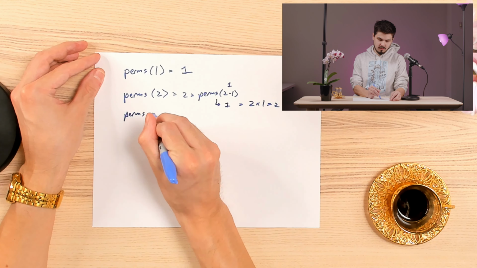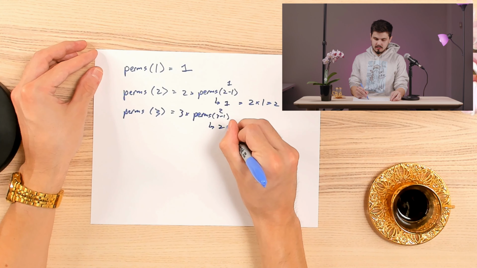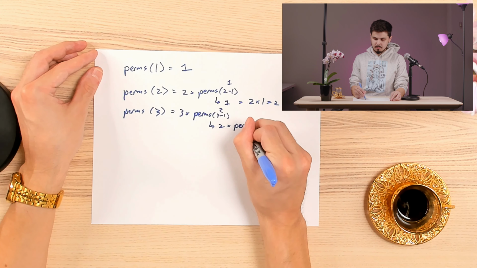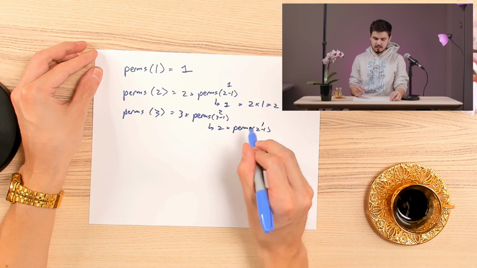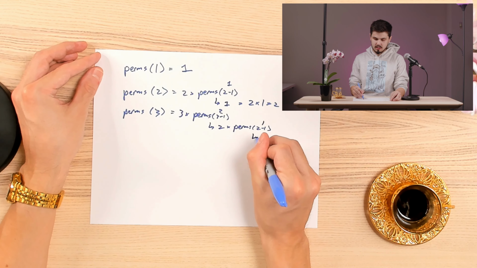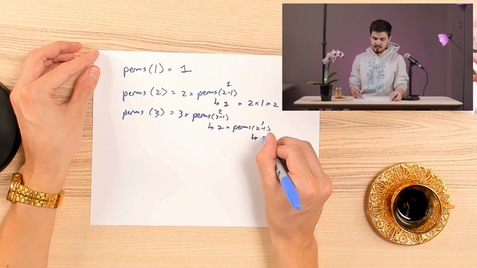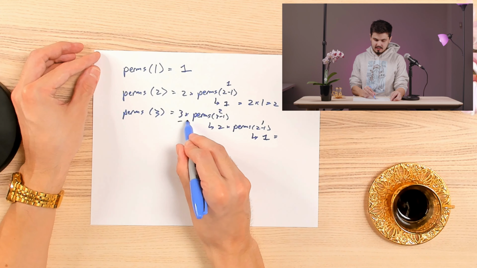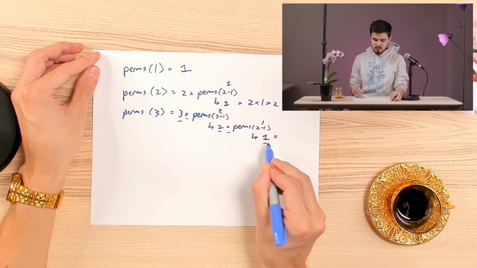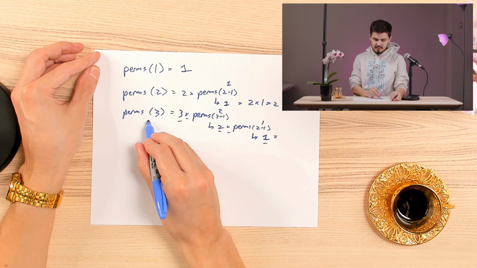Perms of 2 is equal to 2 times perms of 2 minus 1. And we're back to where we were before. 2 minus 1 is 1. Perms of 1 is just 1 because we said it was. And so here we have 3 times 2 times 1. So perms of 3 is 3 times 2 times 1, 6.